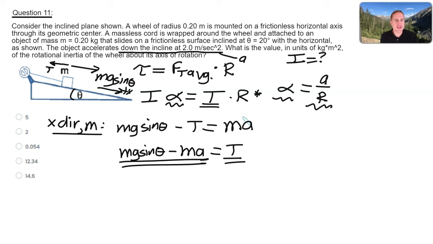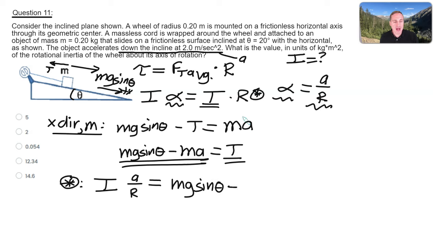So I'm just going to call this star for a second, and then star becomes what? So it's I, which is the rotational inertia, we're looking for that, times a over r equals, and then the tension force becomes mg sine theta minus ma, I'll put that in parentheses, times r.